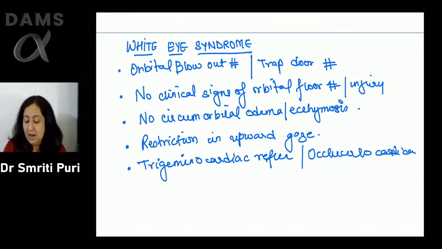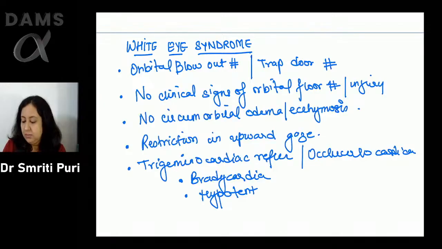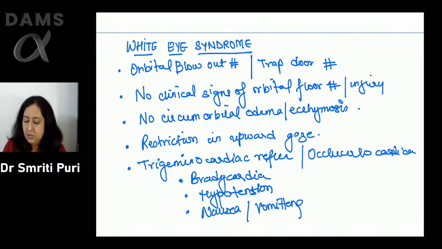Now this is a triad of bradycardia, hypotension, and nausea, vomiting. Right?